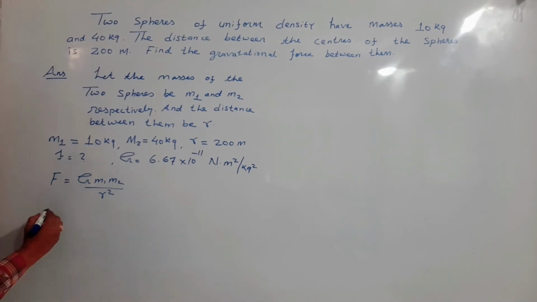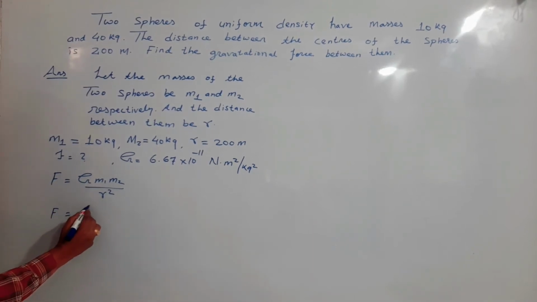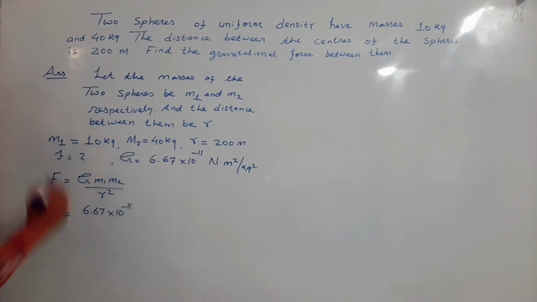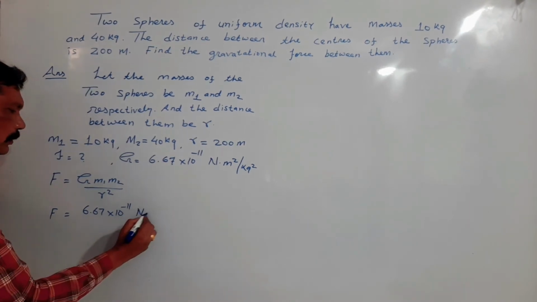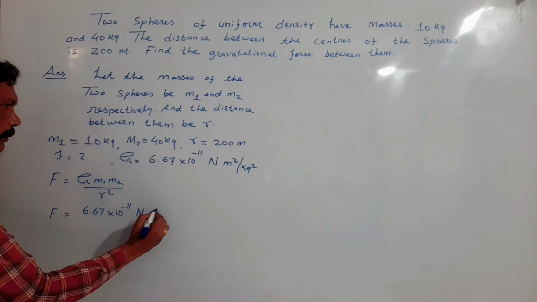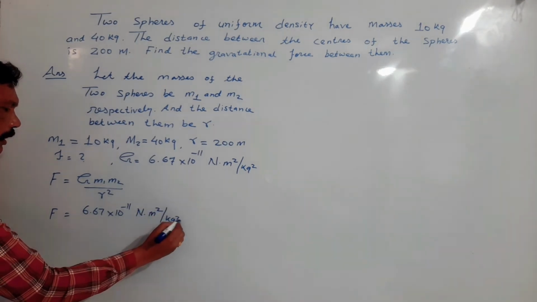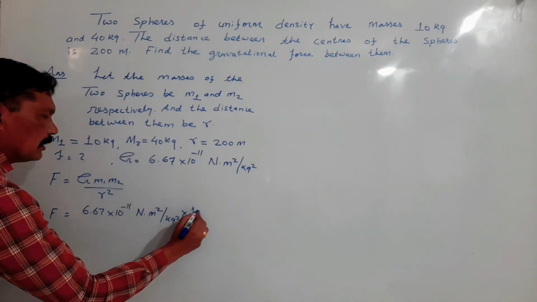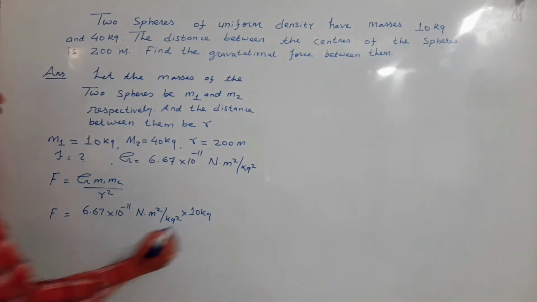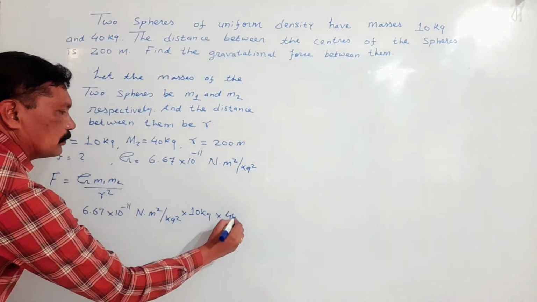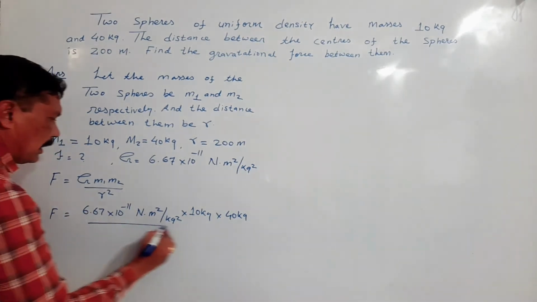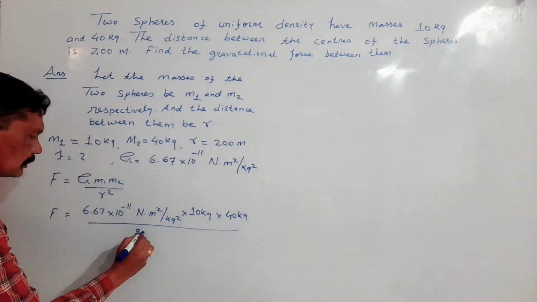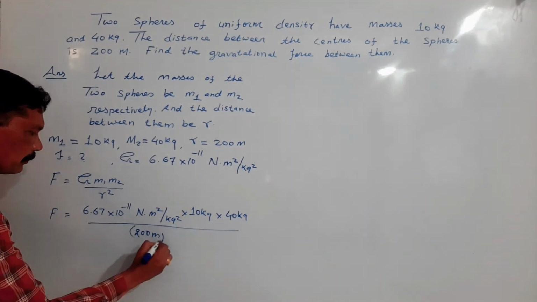Let's put the values. F is equal to 6.67 into 10 to the power minus 11 Newton meter square per kg square, into mass is given 10 kg, into M2 is given, that is 40 kg, and it is divided by R square, and the distance between the two masses is 200 meter square.